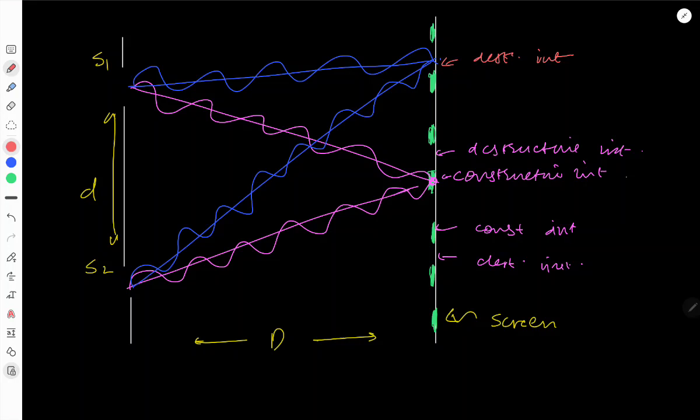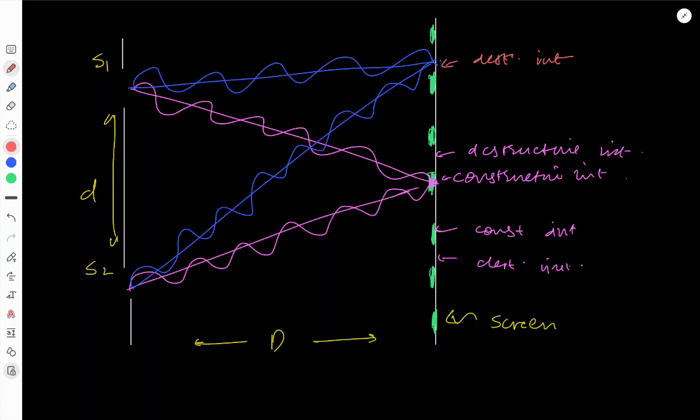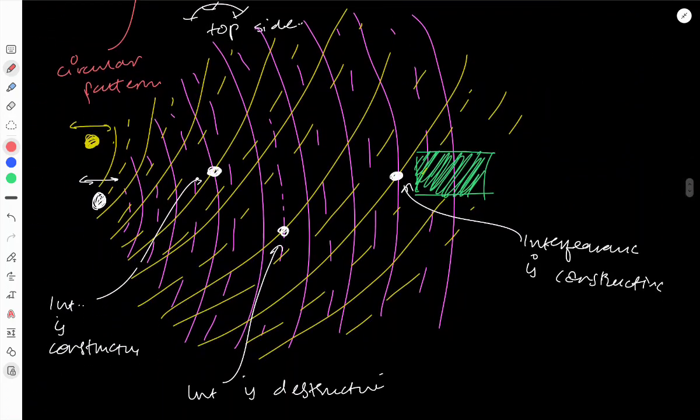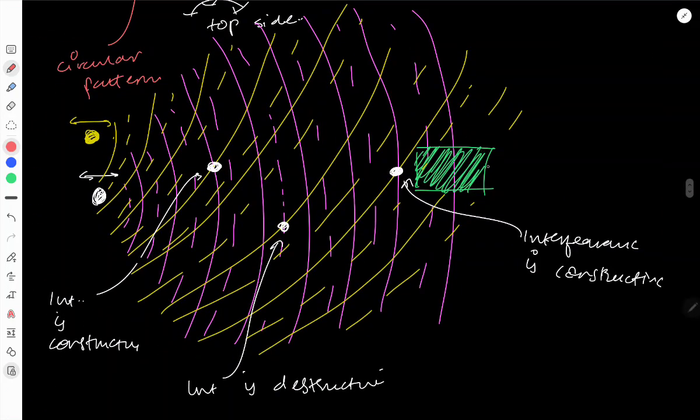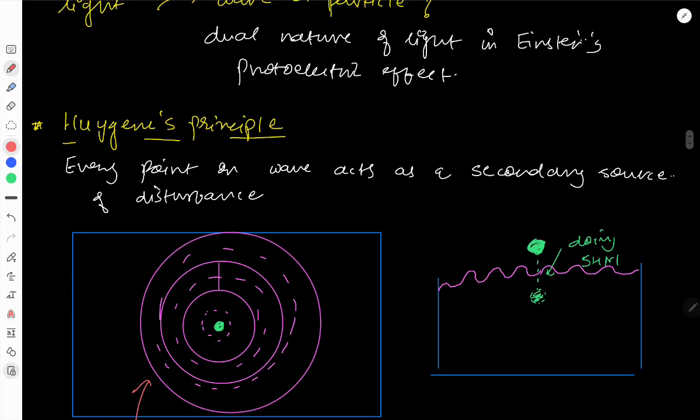That's why both the waves, and the waves were not like this, they were in the form of a wave front, which I discussed over here. This is a wave front, this is a wave front. That's what the Huygens principle uses, every point on the wave front.